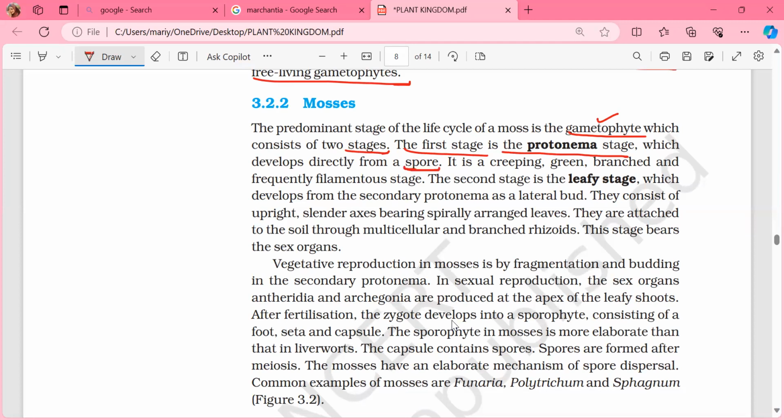It is a creeping, green, branched, and frequently filamentous stage. Then the second stage is known as the leafy stage, which develops from the secondary protonema as a lateral bud. So this gametophyte body occurs in two stages. The first is the protonema stage. The second is the leafy stage.